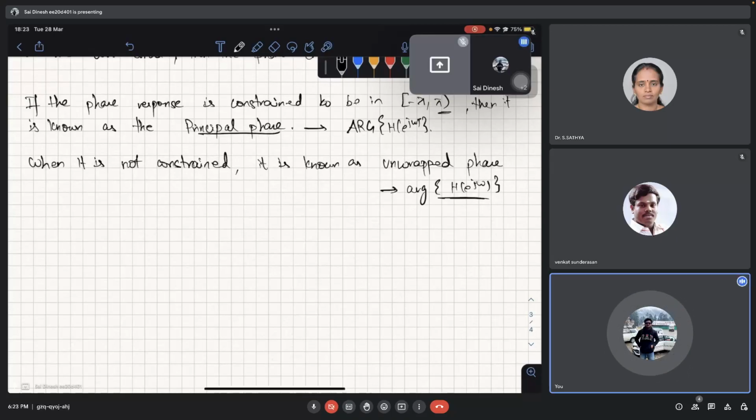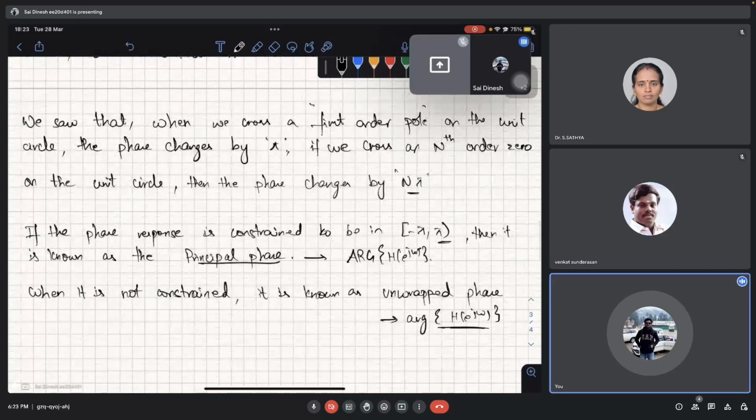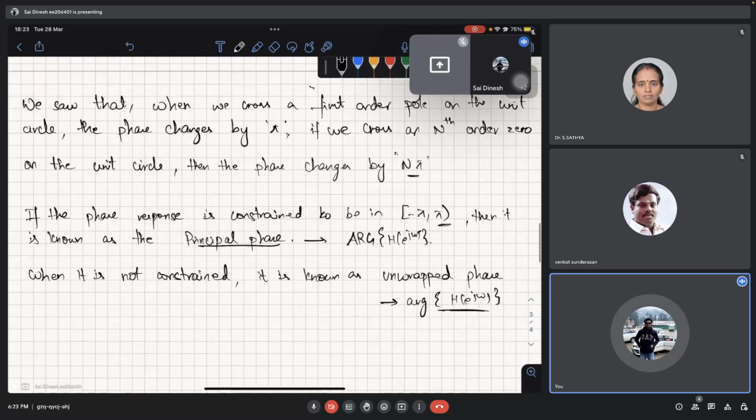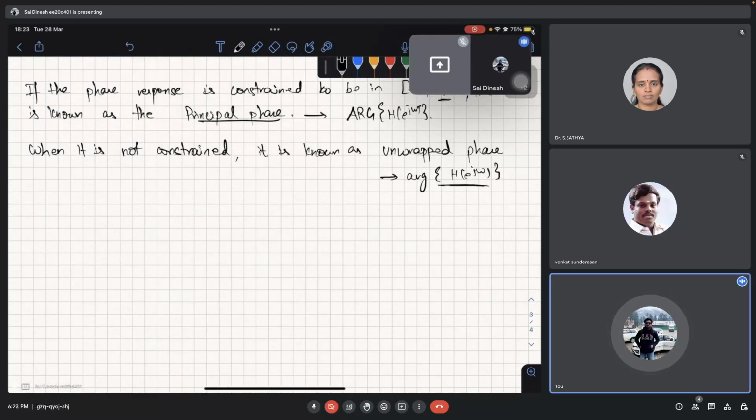This is not constrained to be in minus pi to pi. So whenever there is a jump of more than pi, it is still continuous; it is unwrapped. But when we bring that to the range minus pi to pi, it is known as the principal phase, that is the wrapped phase, and this is the unwrapped phase.